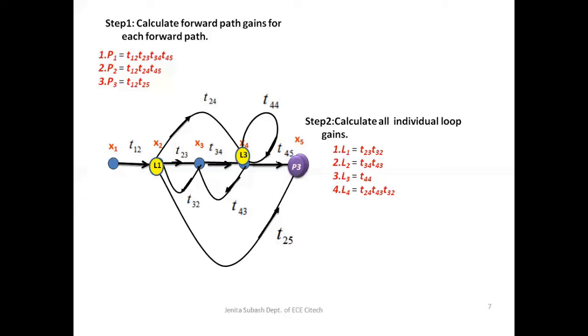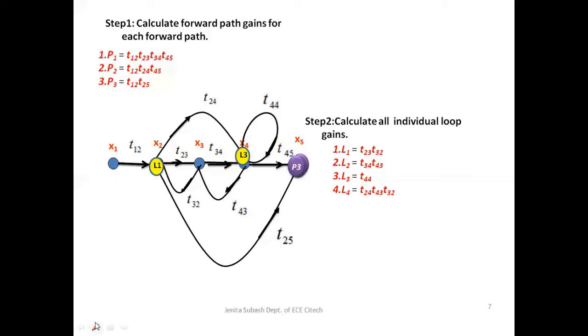L3, L4. Then moving on to step 3, we have to consider any two non-touching loops in a signal flow graph. So let's identify any two non-touching loops in the signal flow graph. If you look into loops L1 and L2, L1 and L2 share a common node x3.